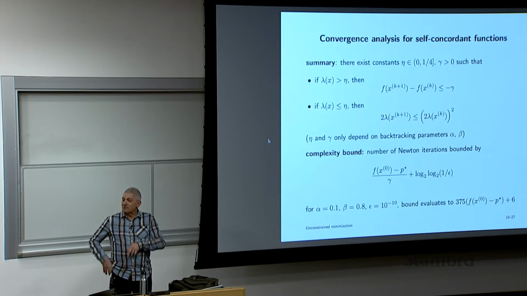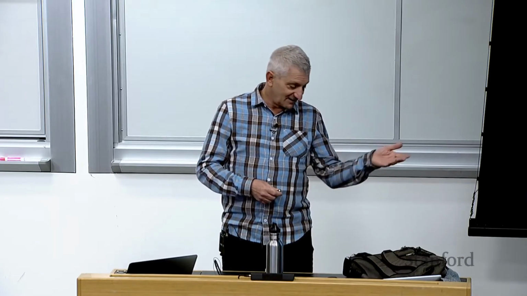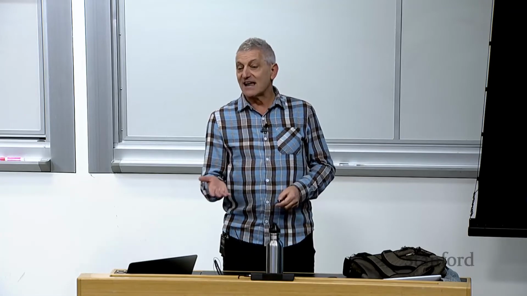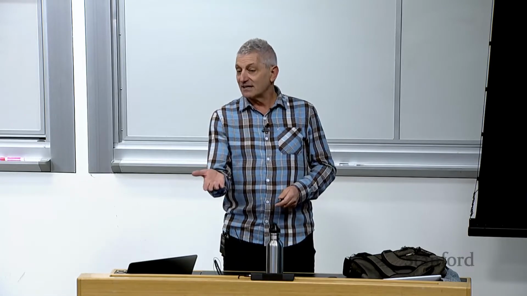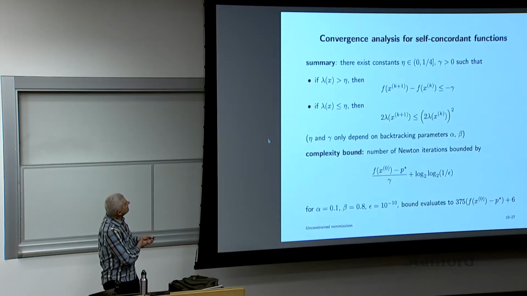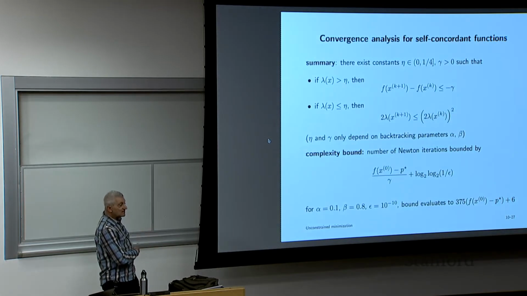So if you have this beautiful algorithm and then the last thing you have in your code is a convergence test that looks like norm of the gradient, congratulations, it's now weakly dependent on changes of coordinates, right? It basically says that for a while, you are guaranteed a decrease of gamma in the function value.